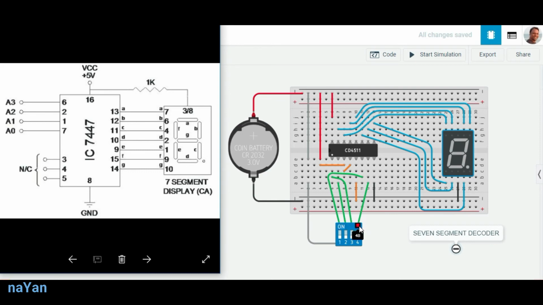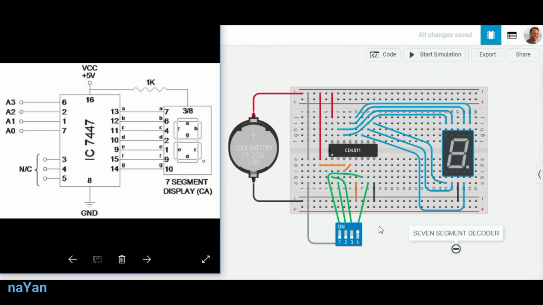A0 we connect to pin number 7. Then A1 is connected to pin number 1, as you can see. And then A2 is connected to pin number 2. And A3 is connected to pin number 6.